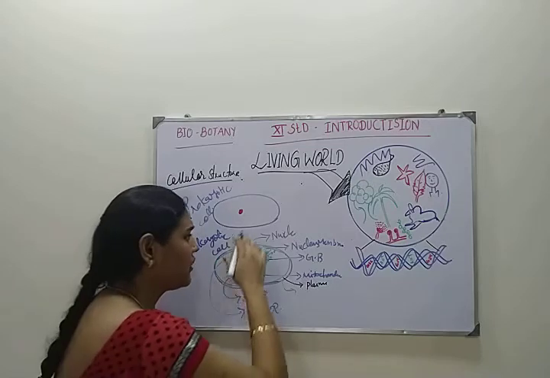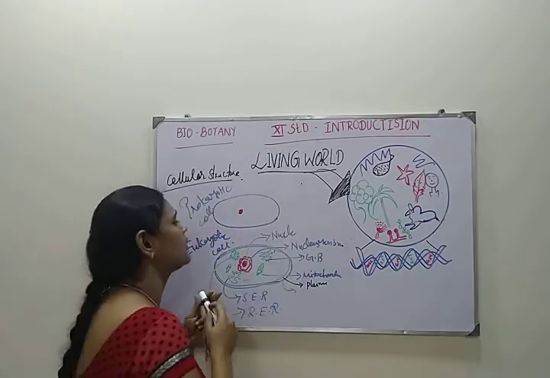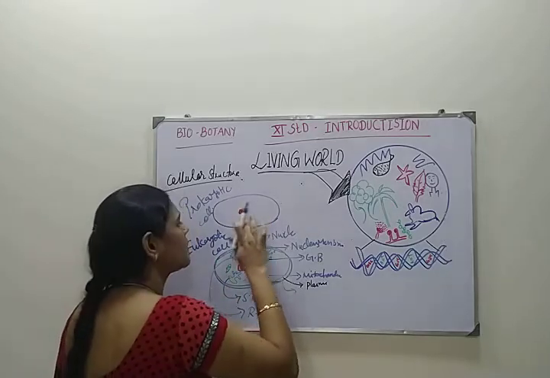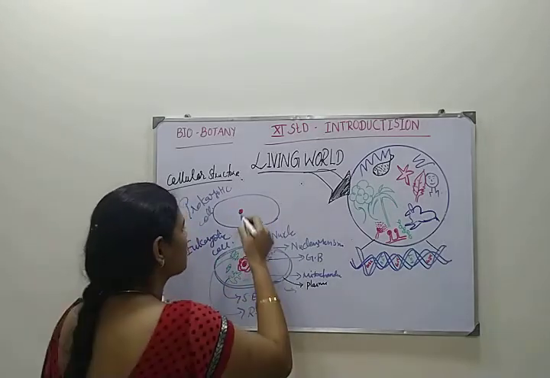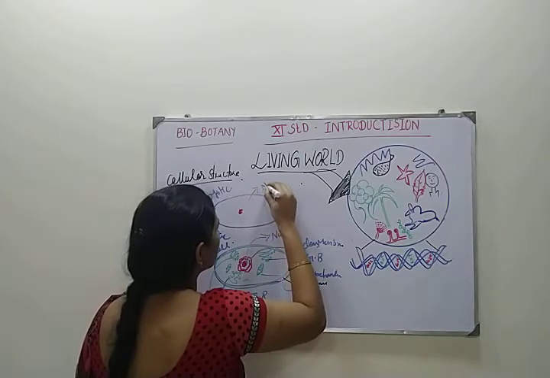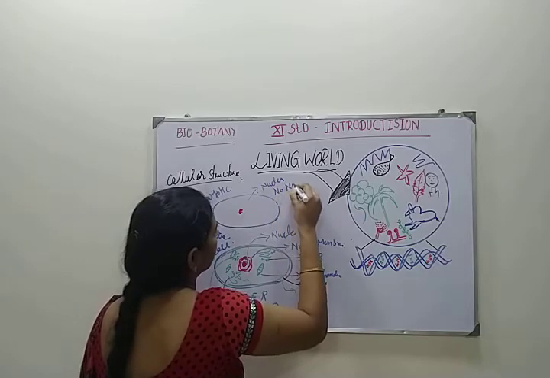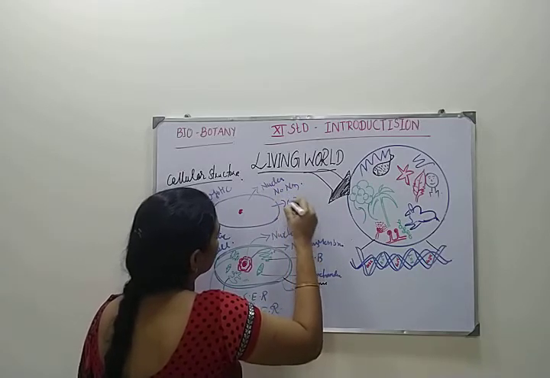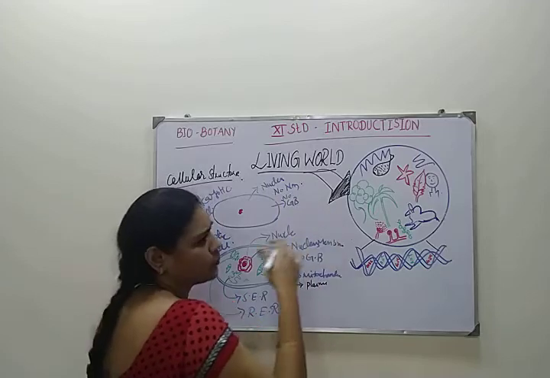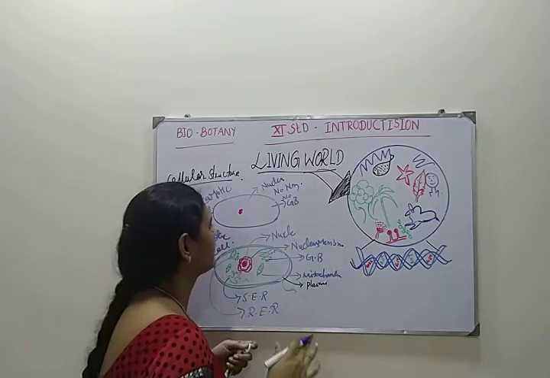Eukaryotic cell. A prokaryotic cell has a nucleus which is not covered by the nuclear membrane. No nuclear membrane, no Golgi body, no endoplasmic reticulum, no mitochondria, nothing is there.